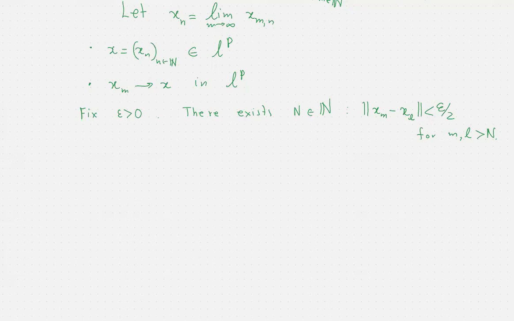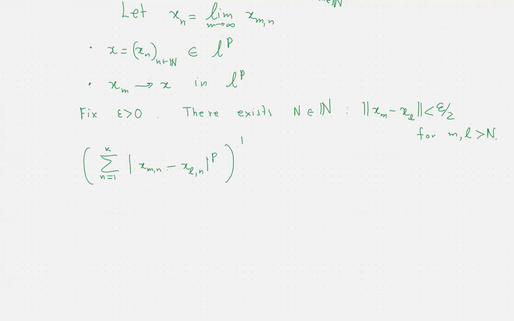So you go from n equals 1 to k of |x_{m,n} minus x_{l,n}| to the pth power, all raised to the 1 over p, that's less than epsilon over 2, right?